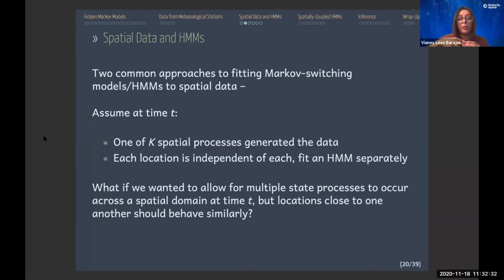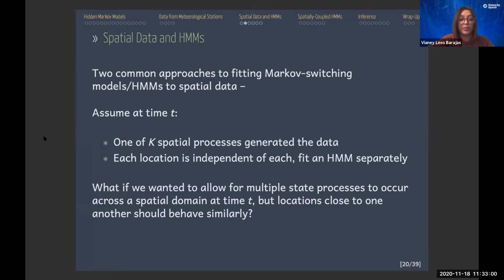Like before with our multivariate HMM, you can have a multivariate response in the single state process, and that single state perhaps generates a spatial process. That multivariate data has a covariance structure and you can incorporate some spatial dependence. Or you can assume that each location is independent of the others and fit an HMM to each particular time series.